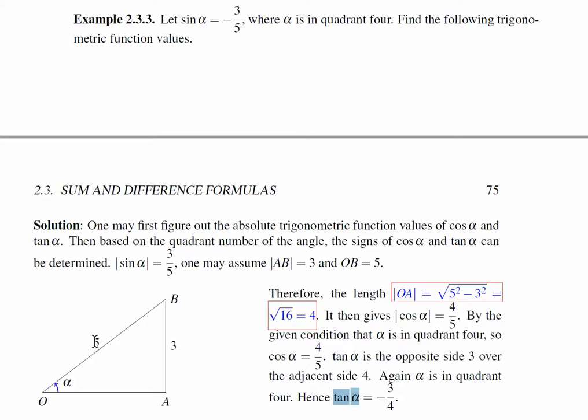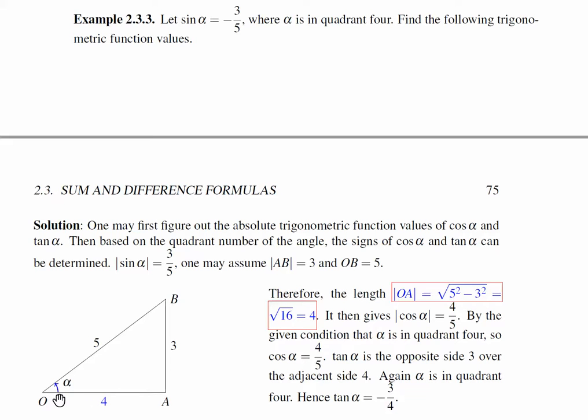By the Pythagorean theorem, we then know the adjacent side OA is 4. Okay, so it's the square root of 5 squared minus 3 squared, which is 25 minus 9 gives us 16, whose square root is 4. So adjacent side OA is 4.